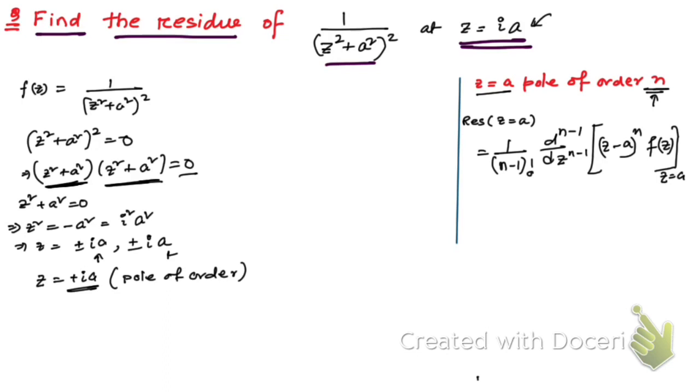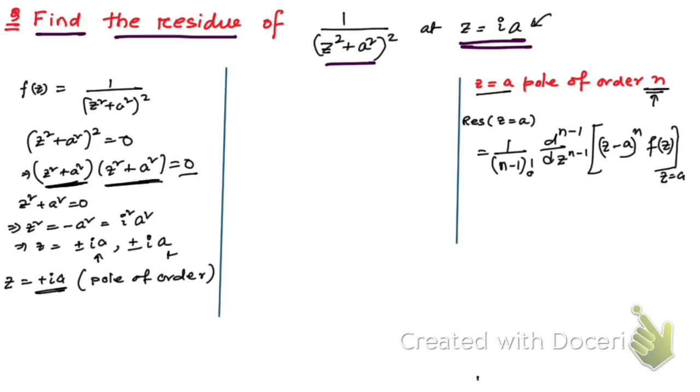Now let me do a bit of arrangement here. Residue at z is equal to ia. This is second order, so n is equal to 2.